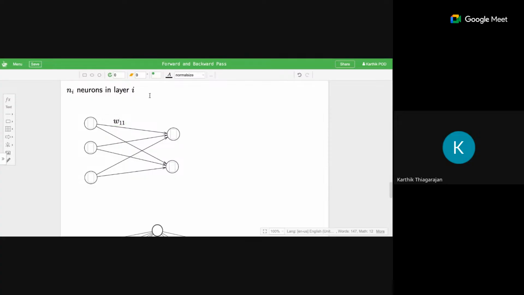So now, what will be the size of the matrix that I represent here? So 2 cross 3, okay, right? So here is an important point. Again, this is convention. We will always follow this convention for the weight matrix. So what is that convention?